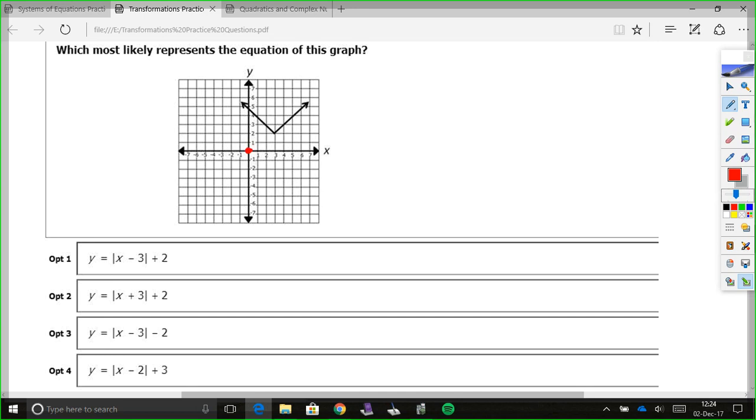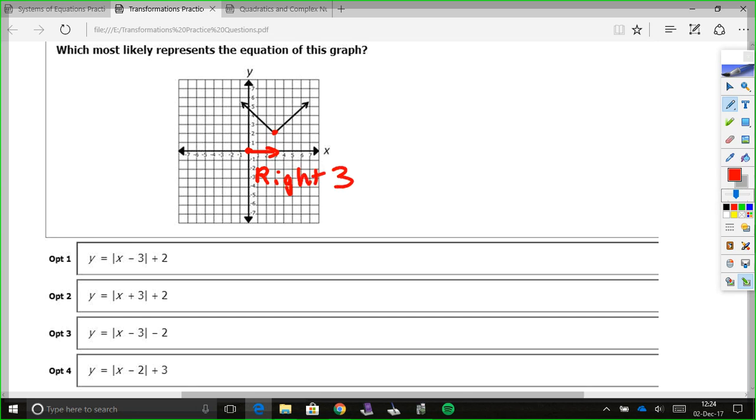Originally, this function was here, right? That center point, the tip of the v, used to be at 0, 0, but now the tip of the v is over there. So now we have to figure out how did it get from 0, 0 to where it is now. Well, it looks like it had to have moved to the right.